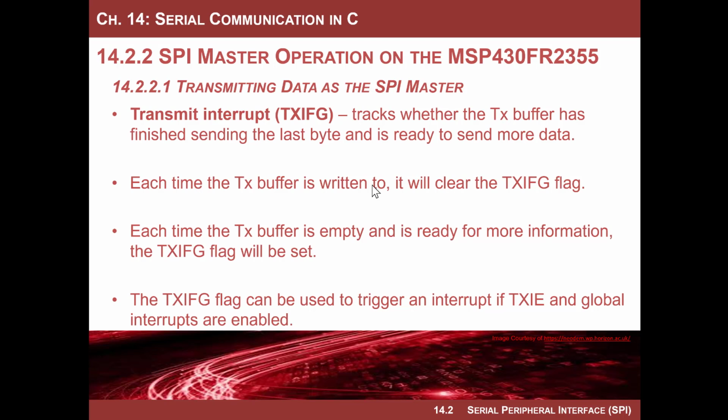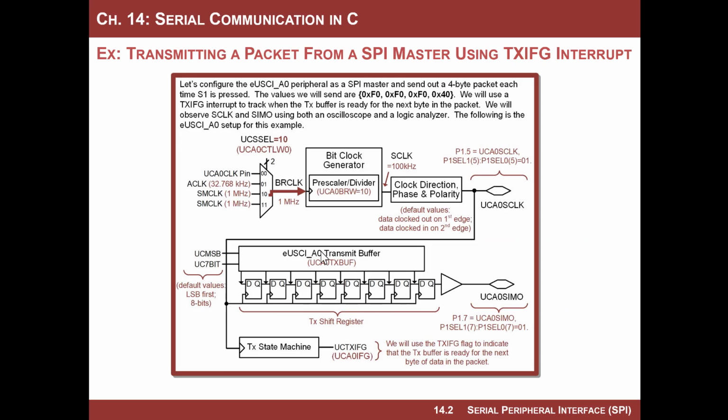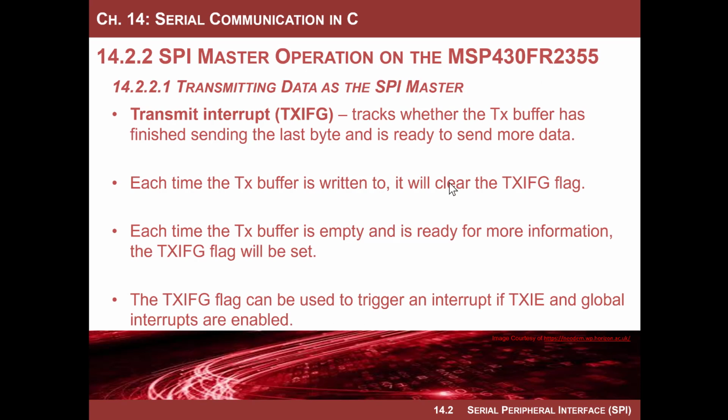What's cool about this is that to clear the TX flag, you actually write to the transmit buffer. This is how the UART transmit flag worked too. So when we drop a byte into this buffer, the flag will clear, and then it will assert when the data is shifted out. So we don't have to manually clear this flag.